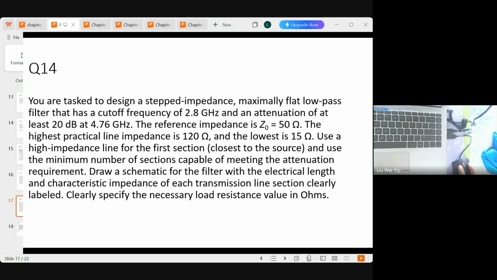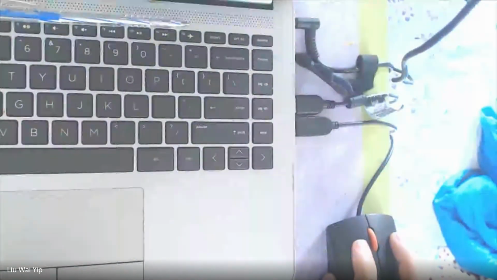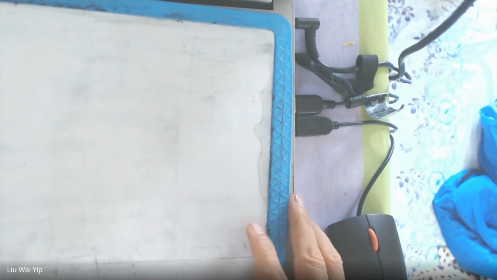So I'm going to switch you back to the whiteboard mode. Okay, you are now looking at the whiteboard.